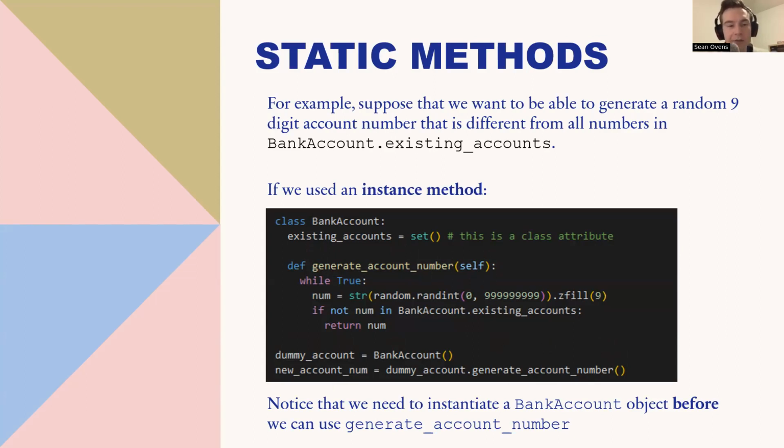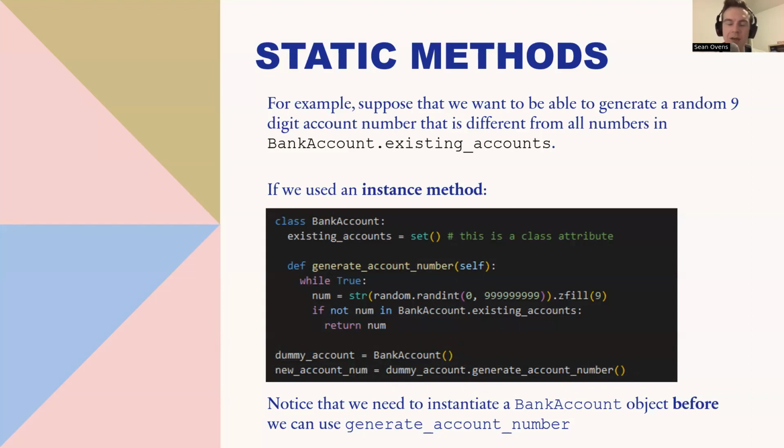And if we don't have any bank account objects to work with, we need to do this weird instantiation of a dummy account in order to call this generate account number function. Before we have any bank accounts, we can't pass anything in as this self. Only after I have this object can I use dot notation to call generate account number.